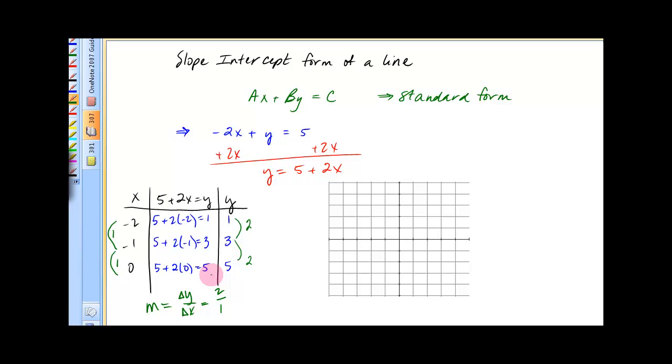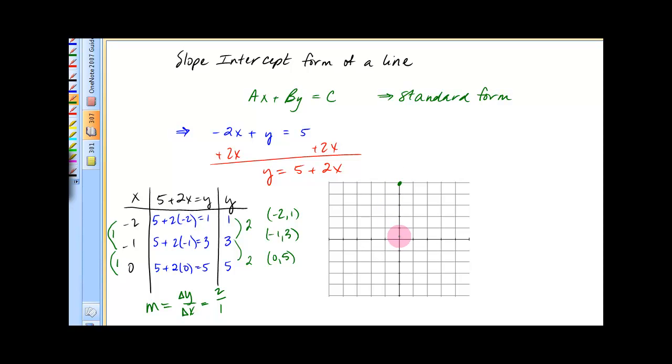Now, I do want to come over here though and highlight. I have the point negative 2, 1, negative 1, 3, and 0, 5. And I'm going to go plot these 3 points over here on my line. Okay, so I'm going to go over 0, up 1, 2, 3, 4, 5, all the way to the top.